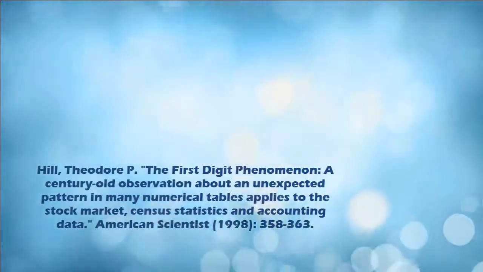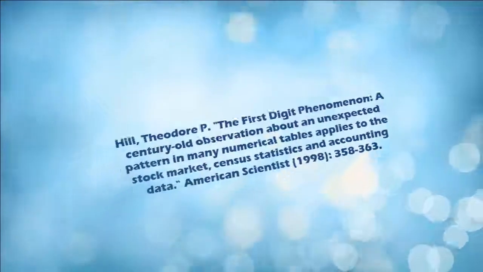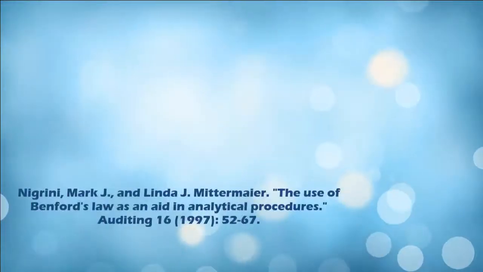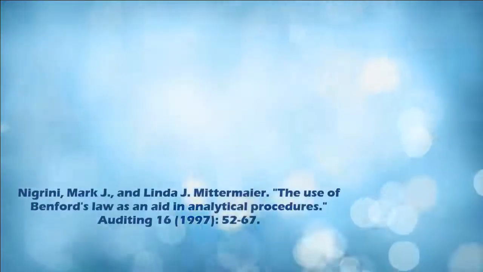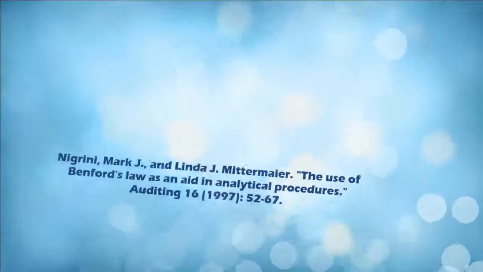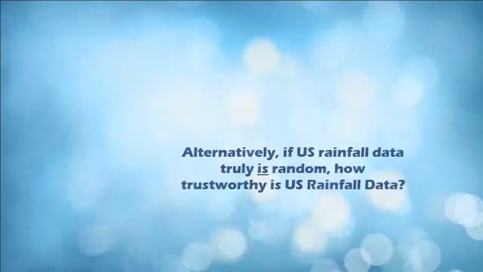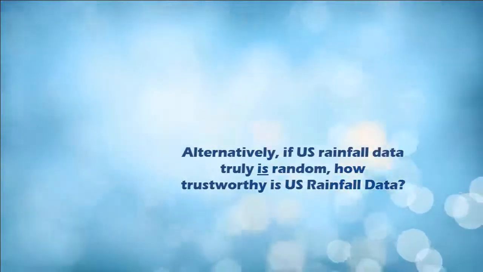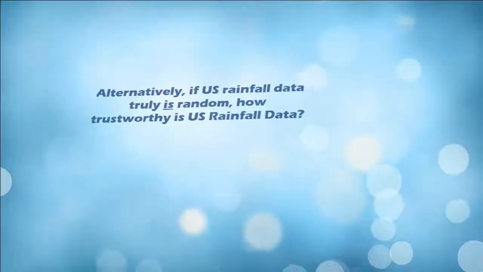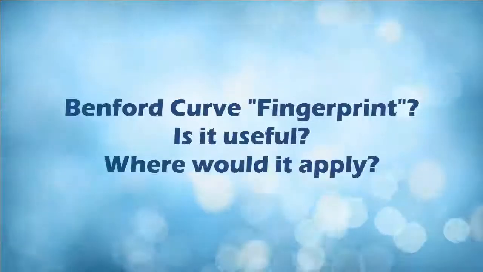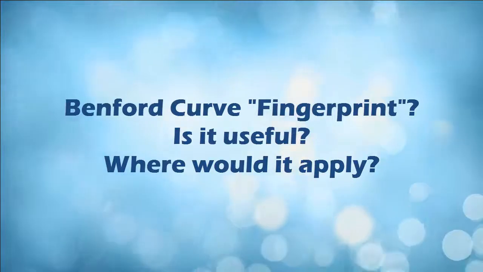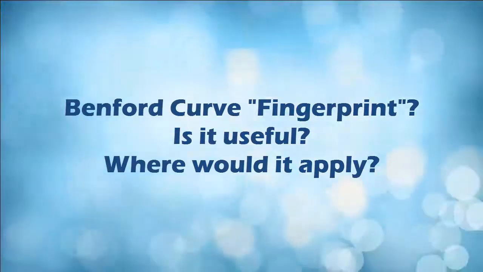If this assumption is correct, the implication is that if numbers don't fit Benford's law when they should, perhaps those numbers are not entirely random. What does this imply about fairly unimpeachable sources of natural data like the U.S. rainfall data? 4. What other data might exhibit distinct aberrations of Benford's law and how might they be made useful?